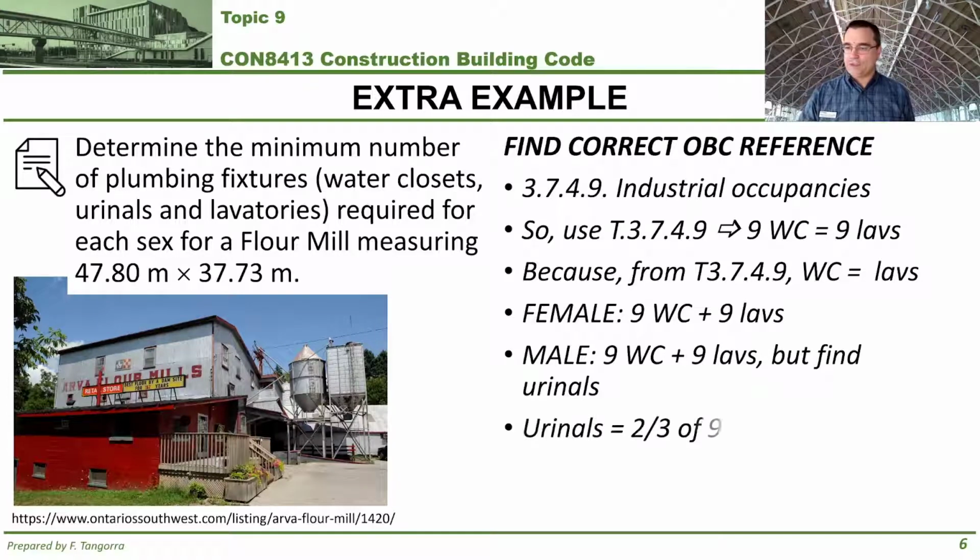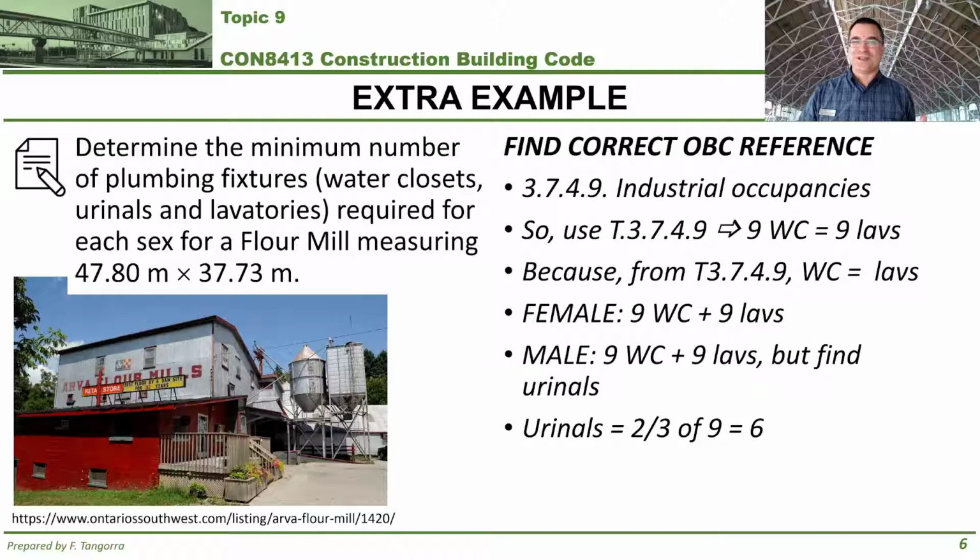We're allowed up to 2/3, not more than 2/3. So what that means is that if we take 9, divide and multiply by 2/3, whatever that number is, we never round up. We always round down if we don't get a whole number, because it's never more than 2/3.